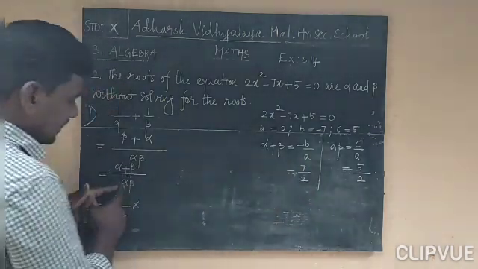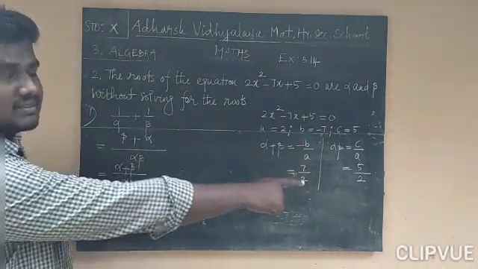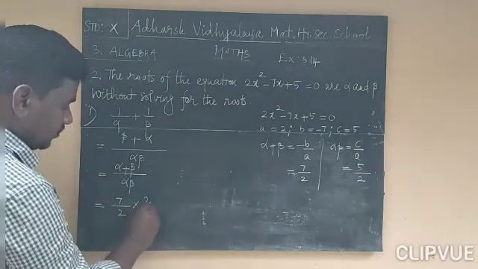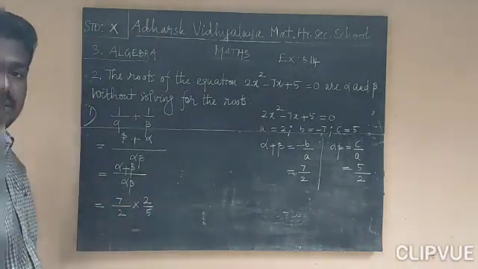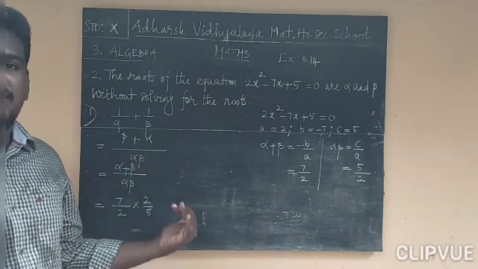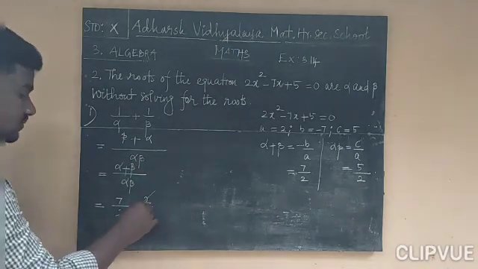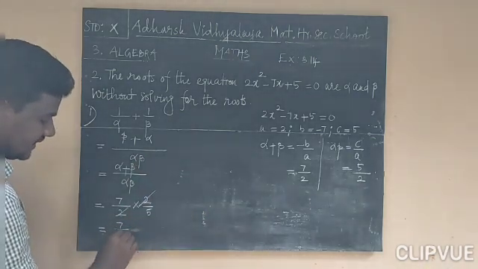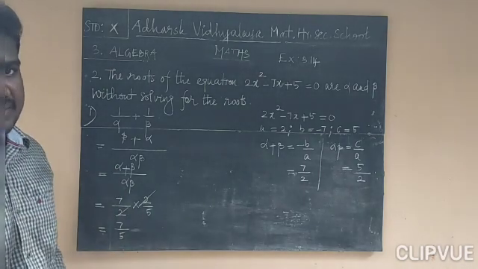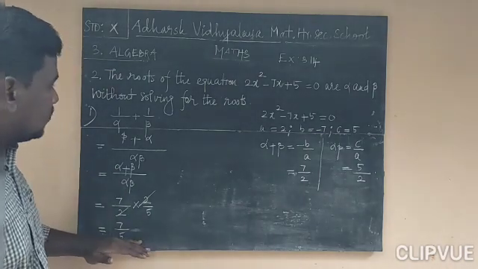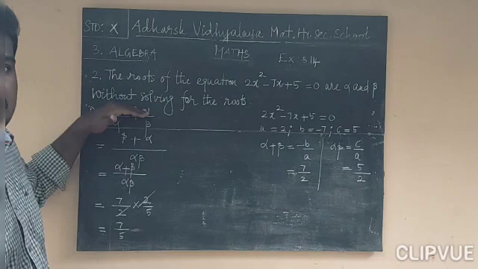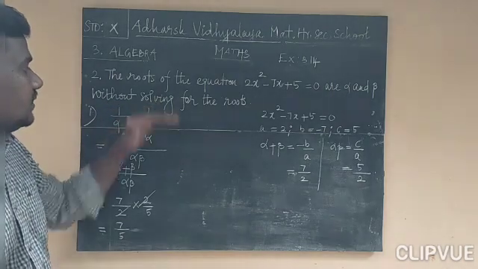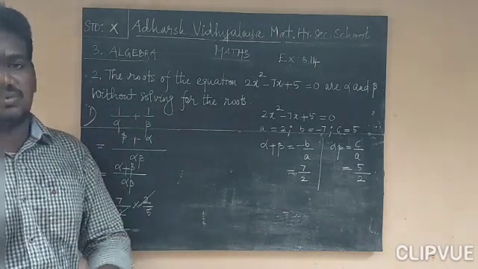So the denominator is alpha beta, that is also a fraction, 5 by 2. So 2 by 5, I wrote the reciprocal of that term. So this 2 will be cancelled. So finally I got the result 7 by 5. So this is the value of this expression without finding the roots, without solving the roots.